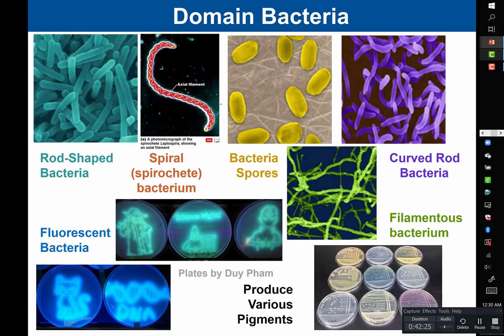Bacteria can produce various pigments. So you'll notice on this bottom right picture, you can see various types of pigments. You can see some that produce yellow pigments. Staphylococcus aureus, AU, comes from the atomic symbol for gold. Staphylococcus aureus is a skin bacteria that produces a gold pigment.